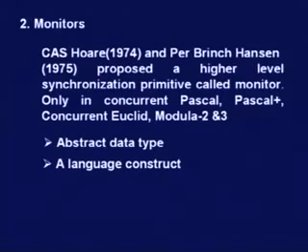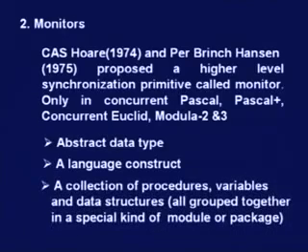The monitor is basically an abstract data type. In fact, it is like a language construct. It is part of the language rather than being part of the operating system. Lately, the Java language has monitors associated with it.